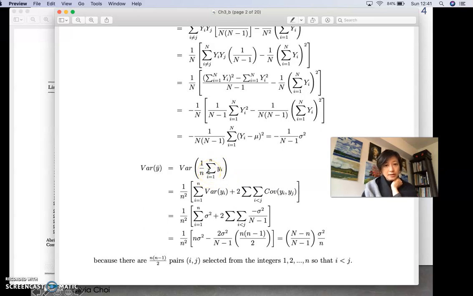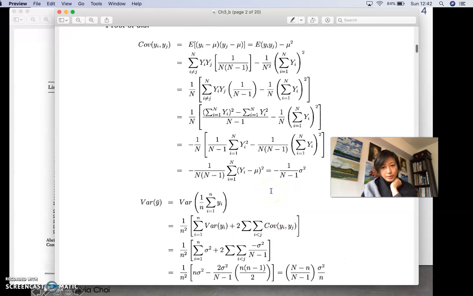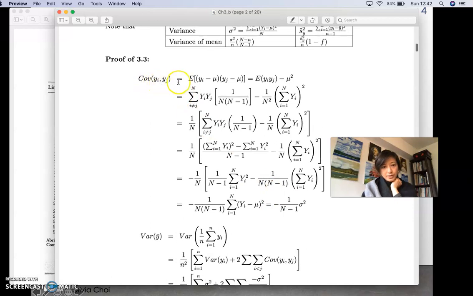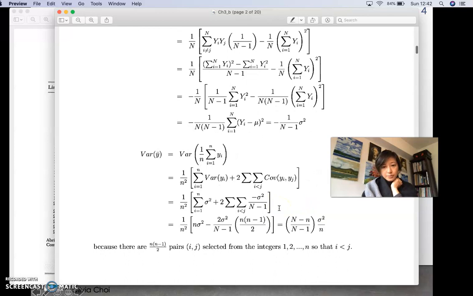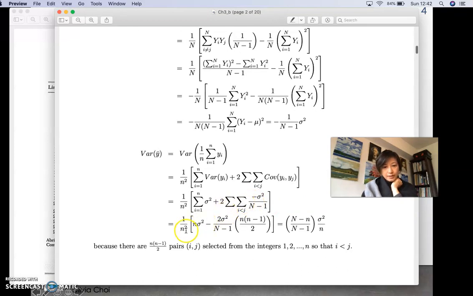We said in the previous slide that if we draw the sample units without replacement, then the covariance between yi and yj does not equal 0. So in this case, this does not equal 0, and we try to find what it is. The covariance of yi, yj, going through the steps, is actually equal to negative sigma squared over (N minus 1), a negative value, okay? So plugging in here, we find that it equals sigma squared over n multiplied by the finite population correction factor.